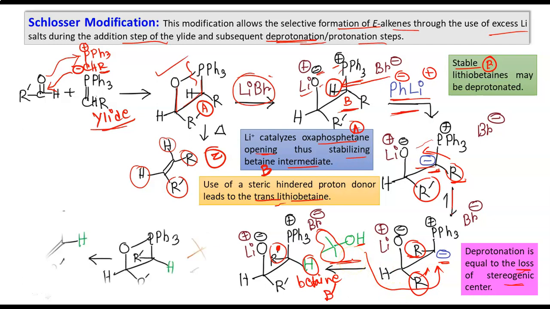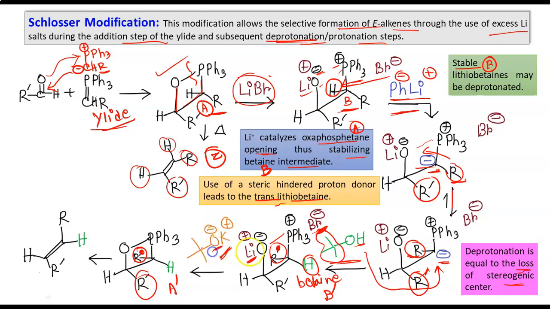And finally, what will happen? Next we are using potassium tertiary butoxide, and the purpose is that with this type of salt, Li+ and Br- will be removed and OP bond formation is possible again. So we are again getting oxaphosphetane, an analog of A, but the difference is that now the R groups are on opposite sides, so I am giving it the name A'.